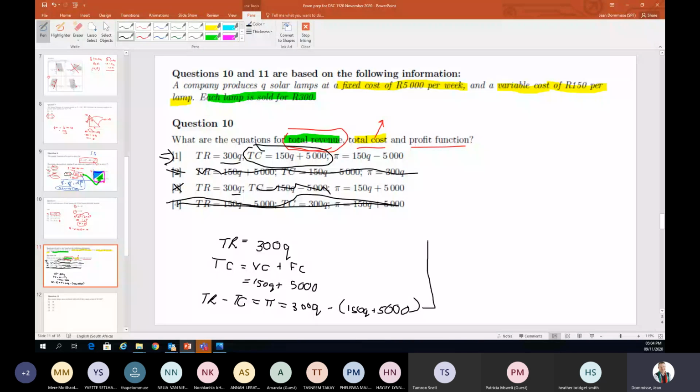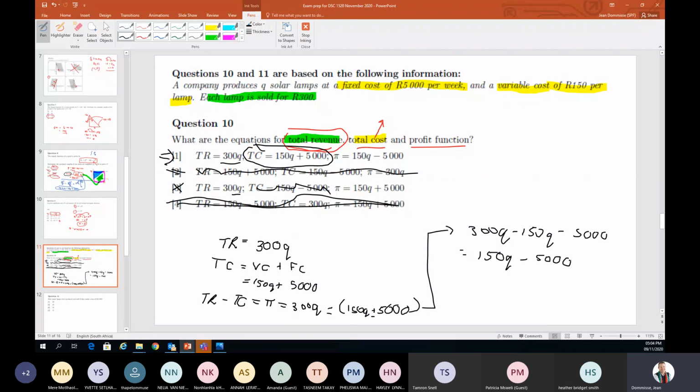Okay, so let's just go on there. So that is 300Q minus 150Q minus 5,000, because the minus times the positives gives you a minus, which then is 150Q minus 5,000 Rand.